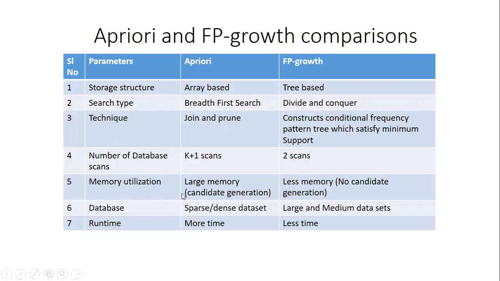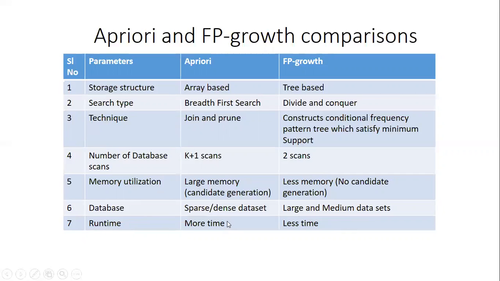Memory utilization in Apriori is large due to candidate generation, whereas in FP growth it is very less because there is no concept of candidate generation. Apriori works on sparse or dense datasets, while FP growth is used for large and medium datasets.